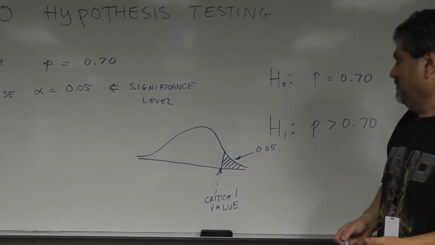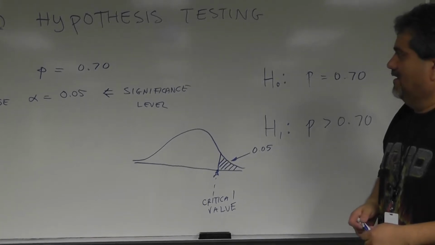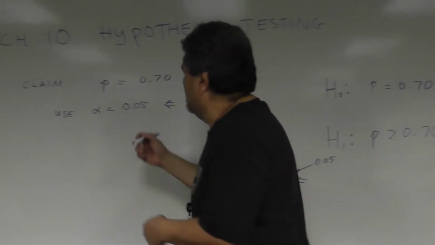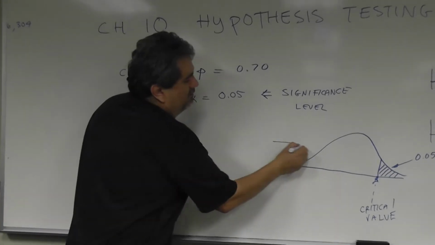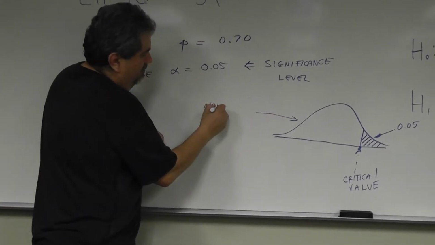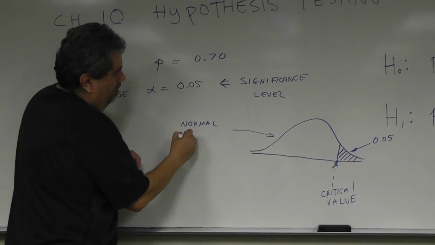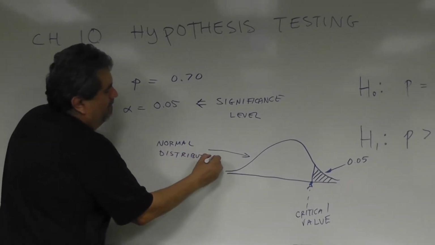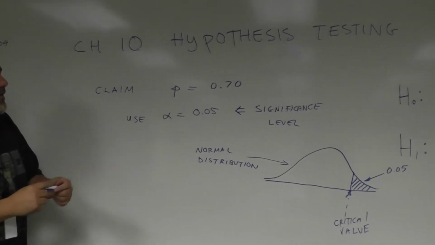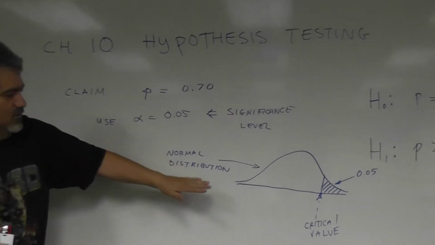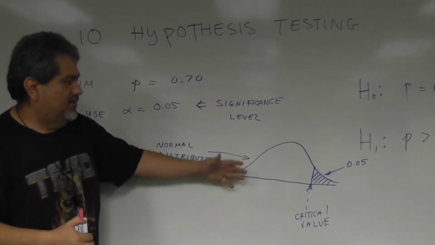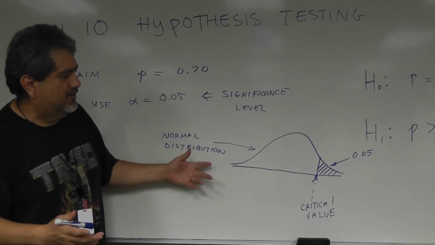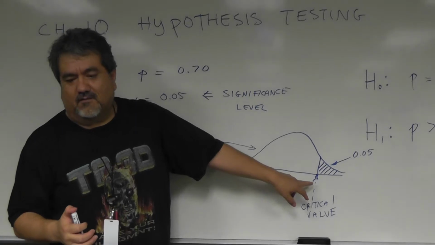Now, in this case, and we'll talk about this more in a minute, this is about percentages, right? So this is a normal distribution. Now, whenever we're talking about percentage, we always deal with normal distribution, right? So this is basically the problem. For right now, we are going to find this critical value, right?